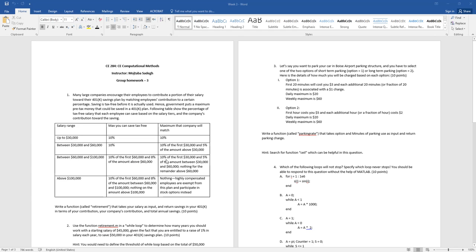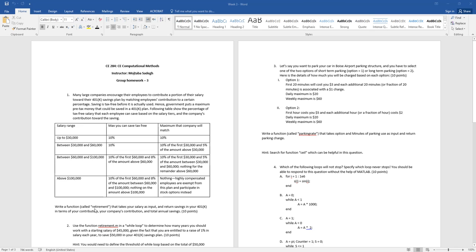For the company, that would be 10% of $30,000, 5% of anything between 30 and 60, and nothing after $60,000. Above 100K salary, you can save up to 10% of the first 60K, 8% between 60K and 100K, and nothing above 100K. And company will give you basically nothing.